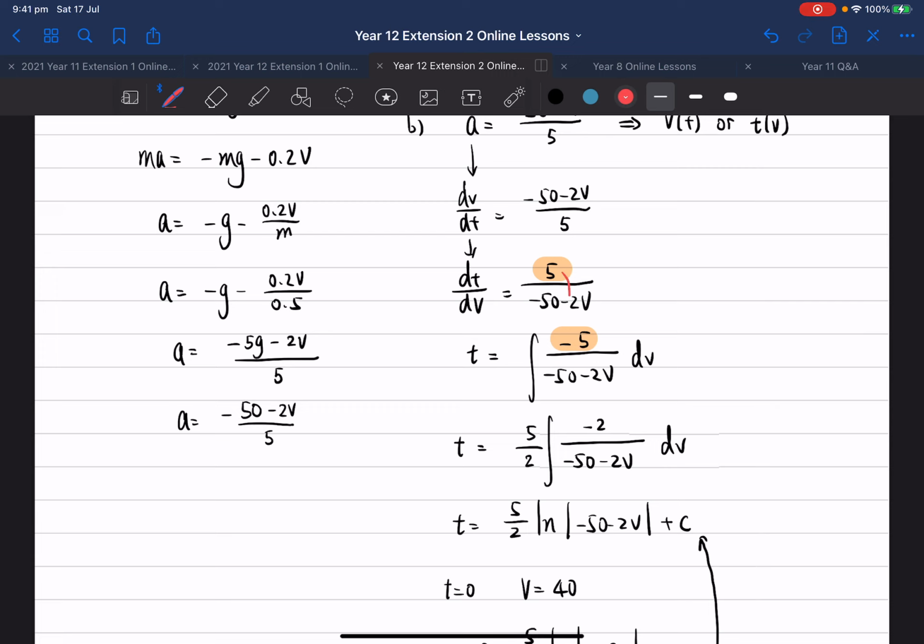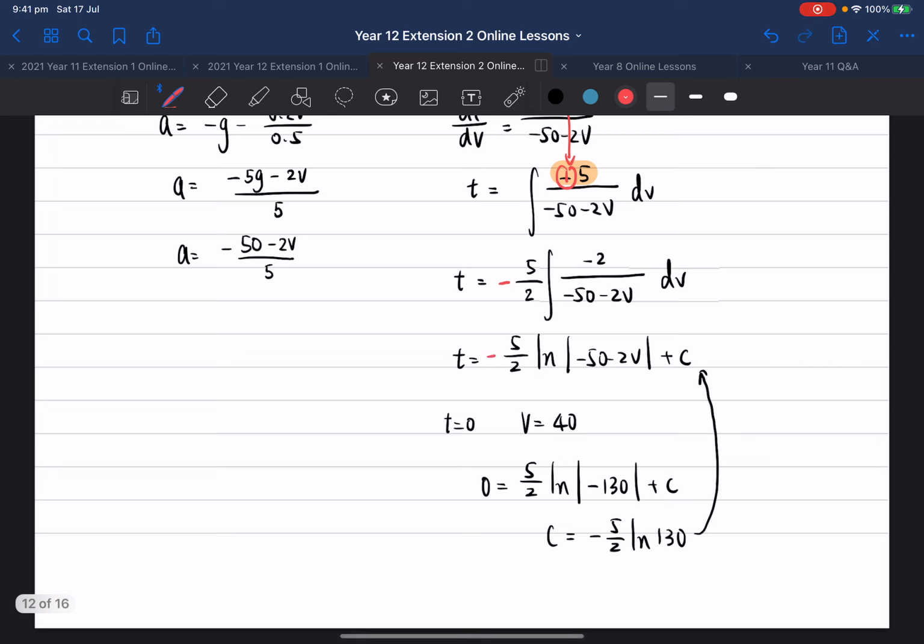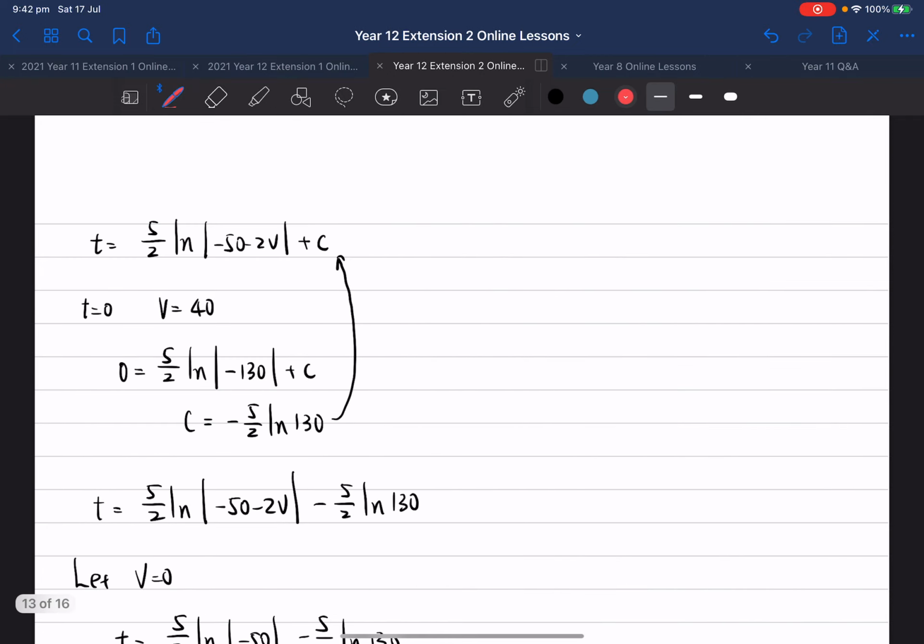So it should be a positive, which means there should be a negative there if I need a negative again. Now everything else works perfectly. So it's a good demonstration that if you make a silly mistake somewhere, it's really hard to get to the final answer. So that's a positive.